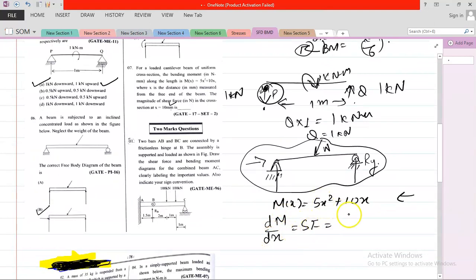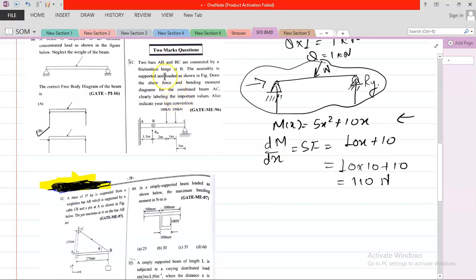If you differentiate it, it will be 10x plus 10, and the distance is 10 mm from the free end. So if you put in 10 mm, 10 into 10 plus 10 is equal to 110 Newton. So the value is 110. Let me check. Yes, it is 110.